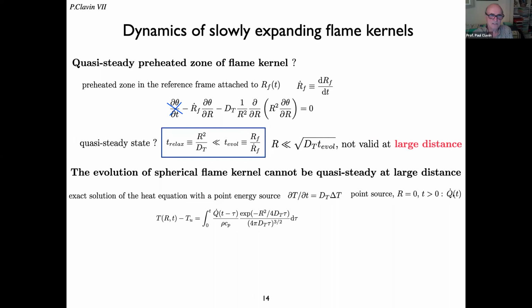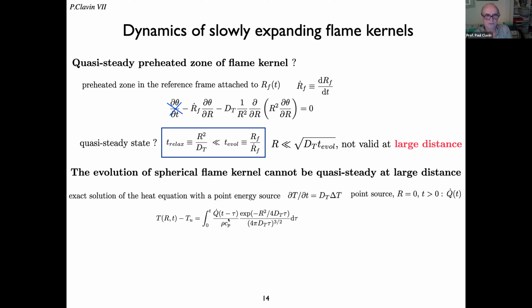If you solve the Fourier equation, you obtain the solution, which is in fact the profile of temperature with the radius versus time, when you know the function which is the source term, assumed to be punctual but time dependent.